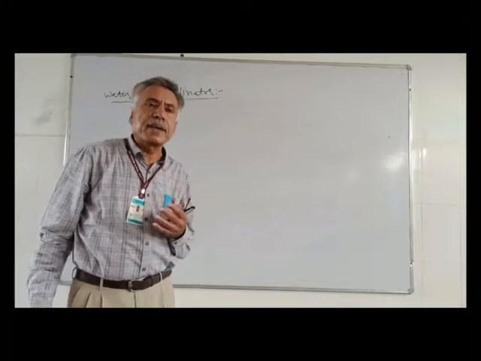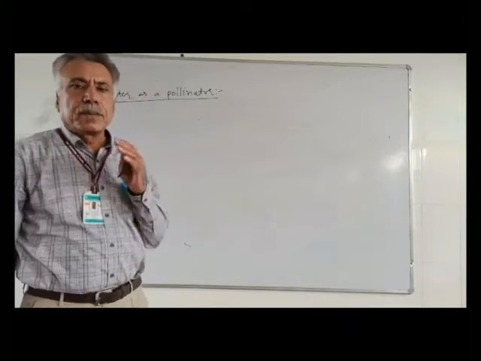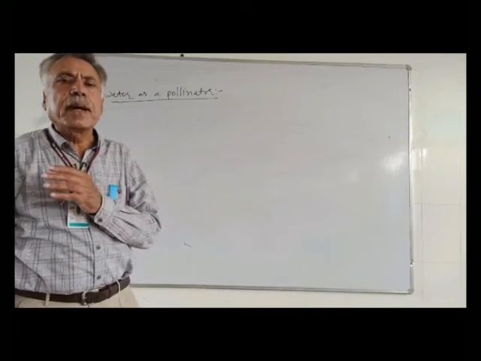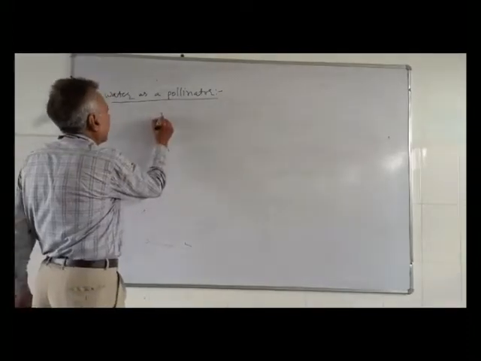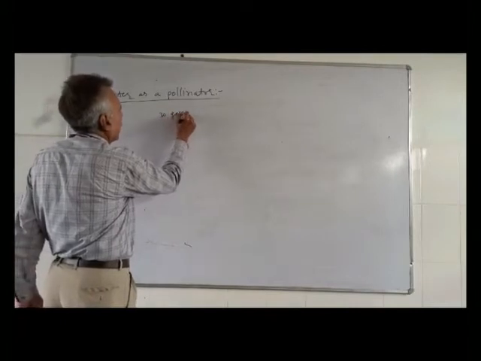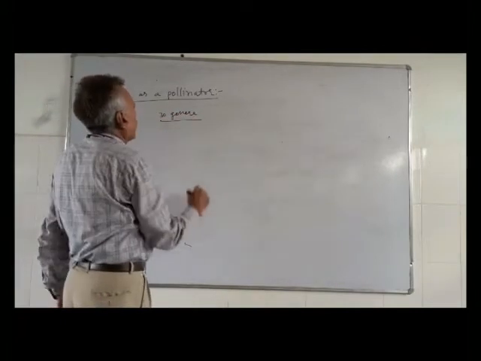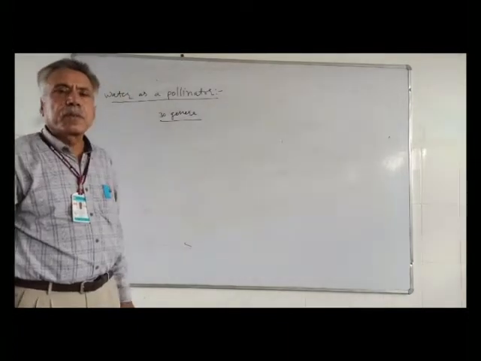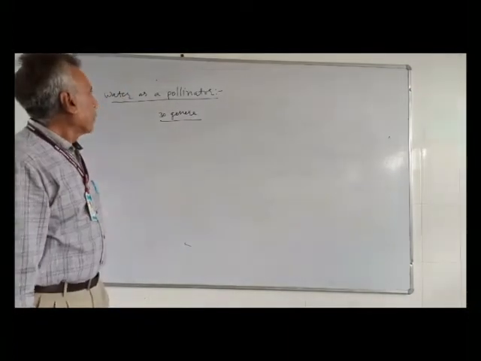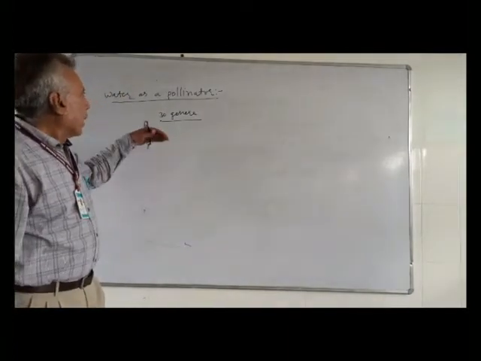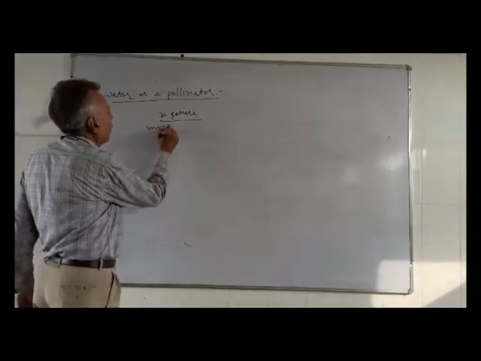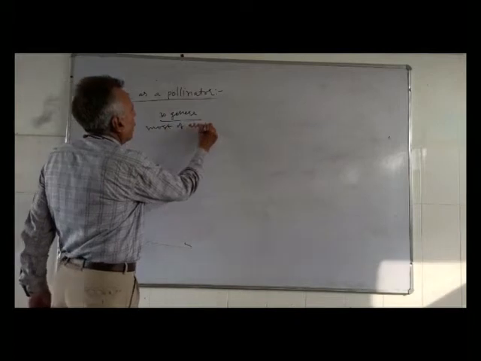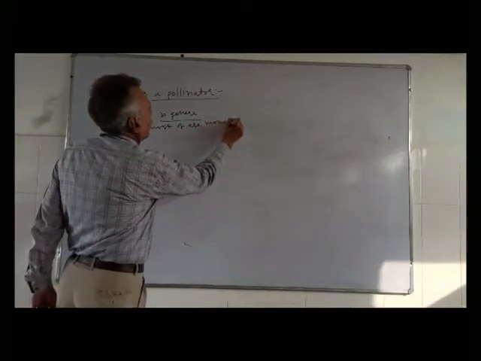In other words, some angiosperm plants, about 30 genera, use water for pollination. Among these 30 genera, most are monocots.